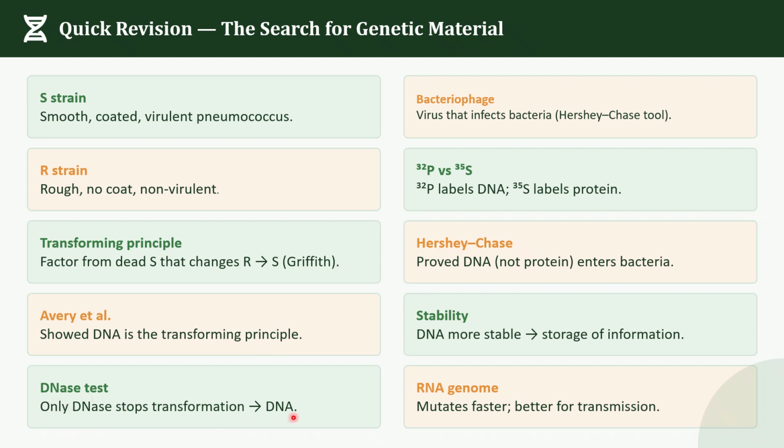Bacteriophage is a virus that infects bacteria; phosphorus labels the DNA and sulfur labels the protein. Hershey and Chase proved that DNA, not protein, enters the bacteria. Stability: DNA is more stable and good for storage of information. RNA genome mutates faster and is better for transmission.